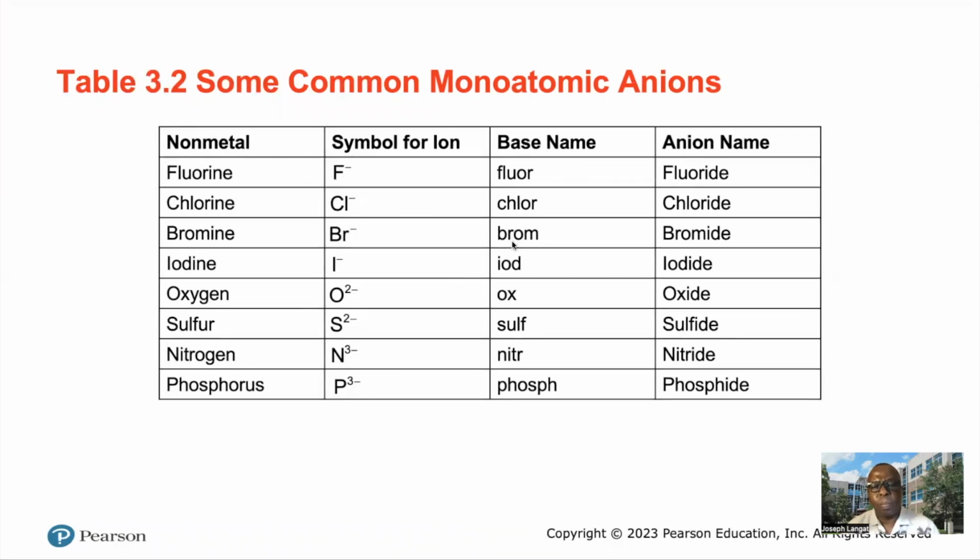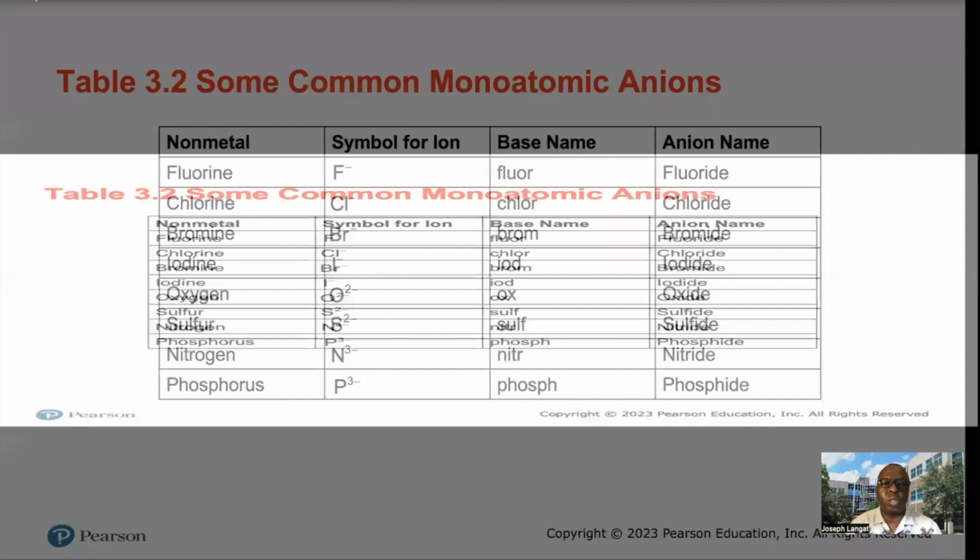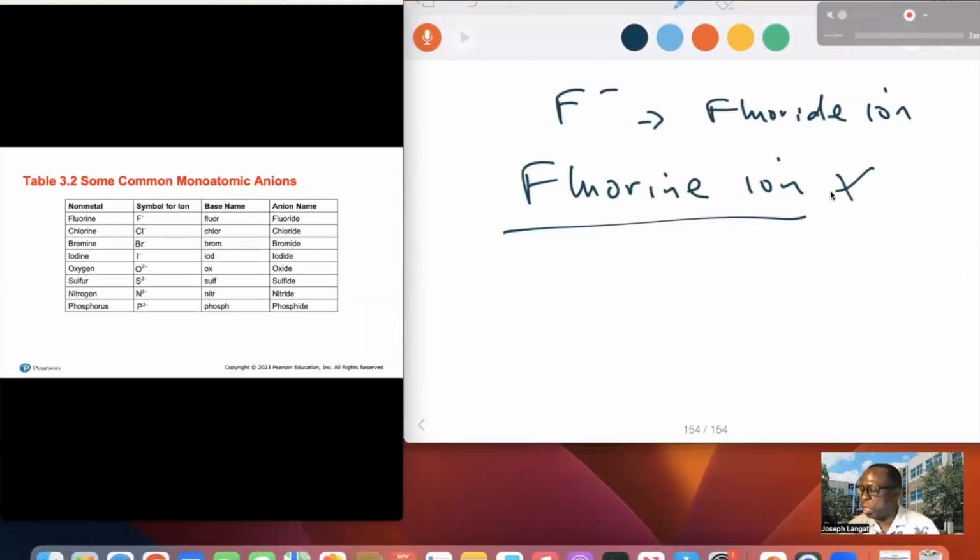Please do not say fluorine ion. I know some people, if I ask you what this is, might say fluorine ion. No, this is wrong. You have to say fluoride, and then you add the word ion at the end. This is the proper way, not this.